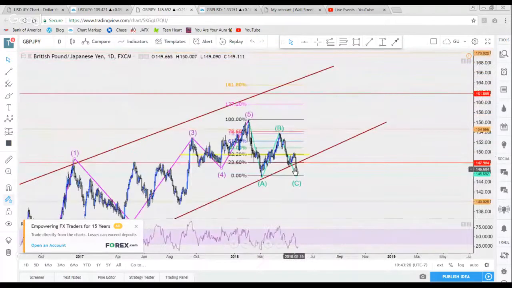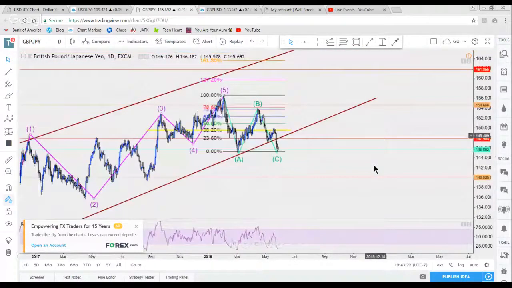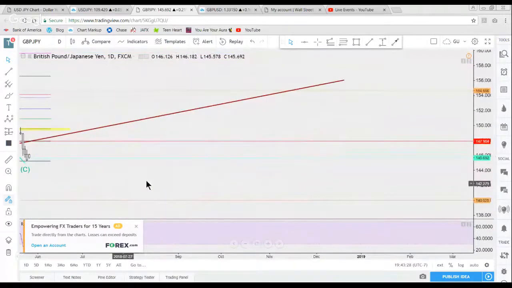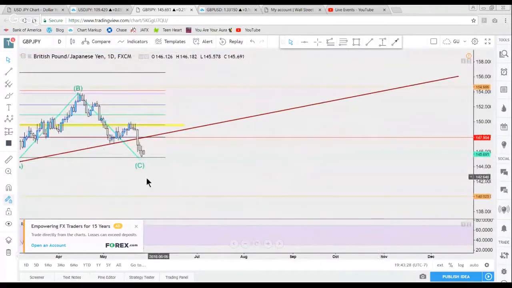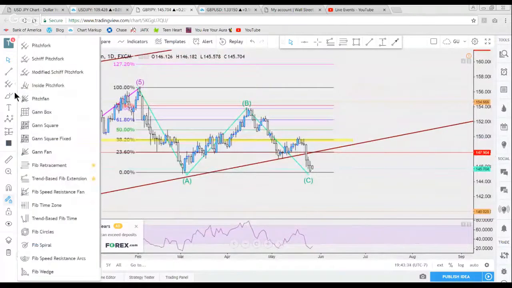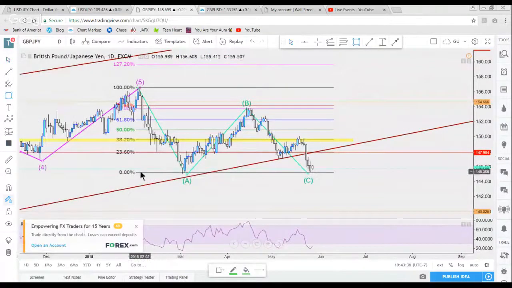They made a double bottom. So, you know what a double bottom is? That means we're gonna see. So, again, it is very strong right now. That's why these are going up.